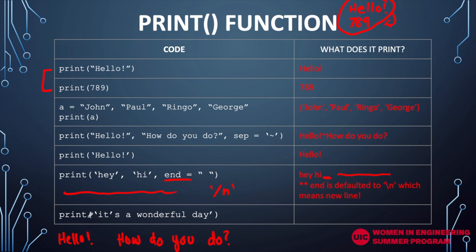All right, moving on to It's a Wonderful Day. When you're using single quotes to print, you want to be careful if you have an apostrophe somewhere in the string.